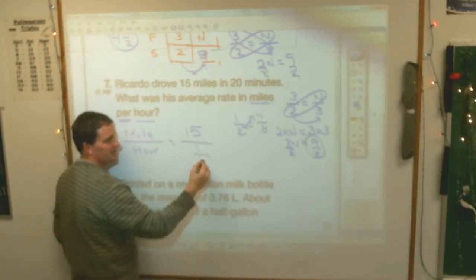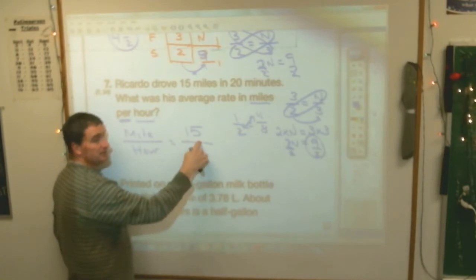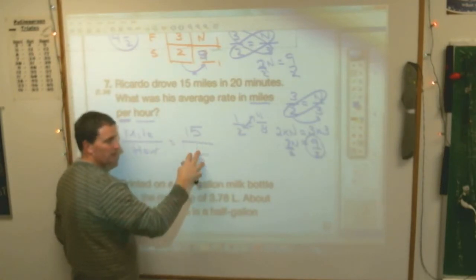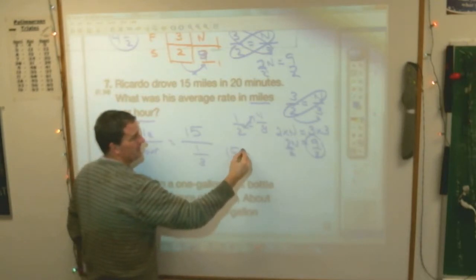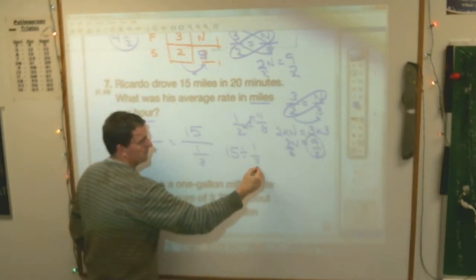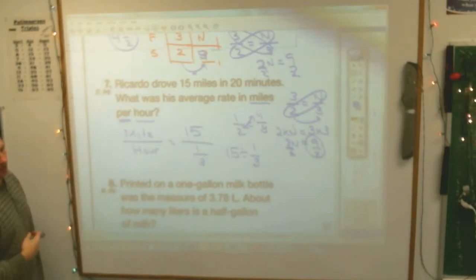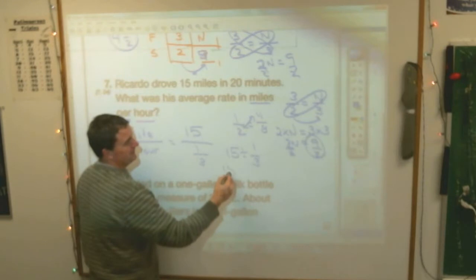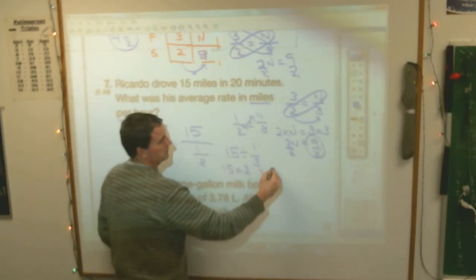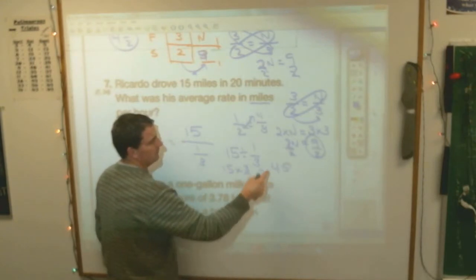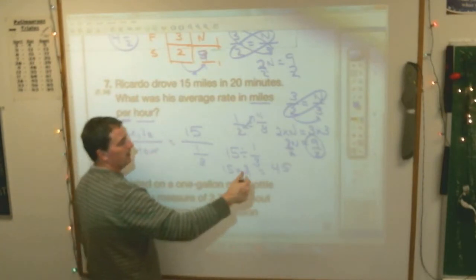I'm going to write it like this, but you have to remember this is just the division sign. So really, rather than looking at it like this, write it like this. It is 15 divided by 1/3. And how do you divide by 1/3? You flip and multiply. It becomes 15 times 3/1, which ends up being that 45 that they were asking for. 45 miles per hour.